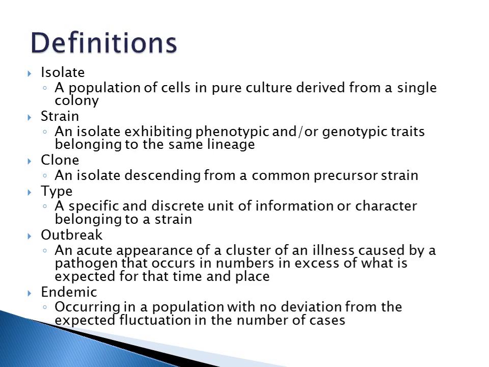An outbreak is an acute appearance of a cluster of an illness caused by a pathogen that occurs in numbers that are in excess of what is expected for that time and place. And an endemic is occurring in a population with no deviation from the expected fluctuation in the number of cases.